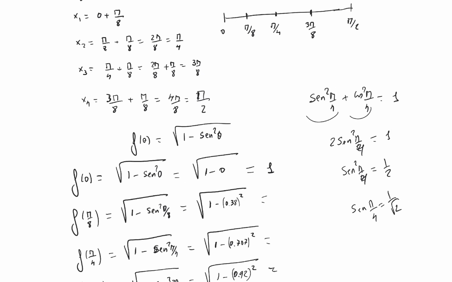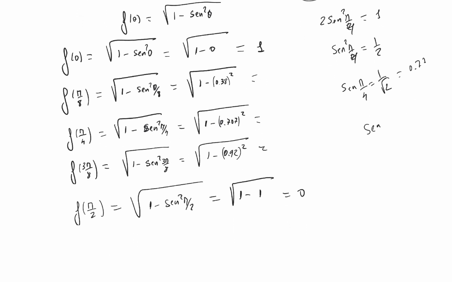So 1 divided by square root of 2 should be 0.7. So sine square, let me check it. Yes, it's correct. Okay, so I didn't make a mistake.